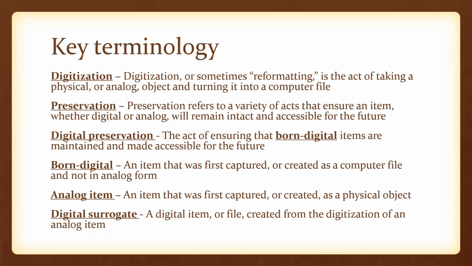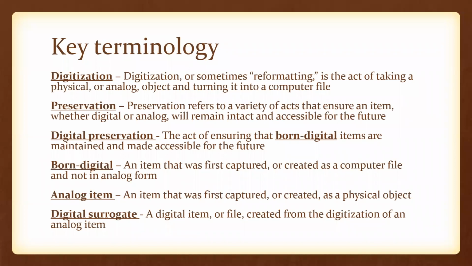And then digital preservation is the act of ensuring that a born digital item is maintained and made accessible for the future. Digital preservation is sometimes confused with photograph digitization, where an analog photograph is made digital, but is actually a specific form of preservation that deals exclusively with born digital items. And then what is a born digital item, you may ask?